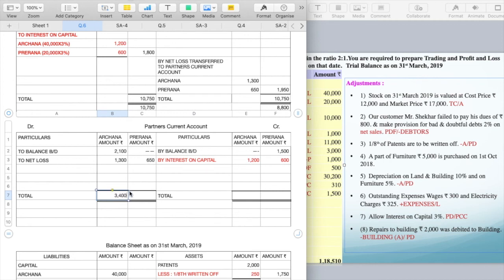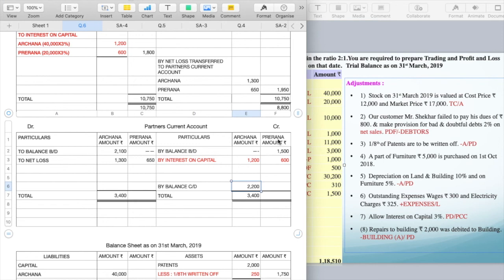I'll finish Archana's calculation first, because here one is a debit balance and one is a credit balance, so I'll get a balance carried down. From 3400, minus 1200, 2200 will be my balance carried down. You have to be a little careful about the calculation of the current account.